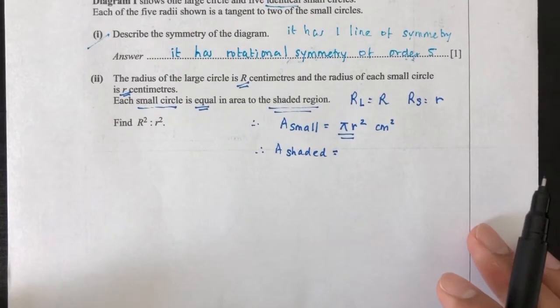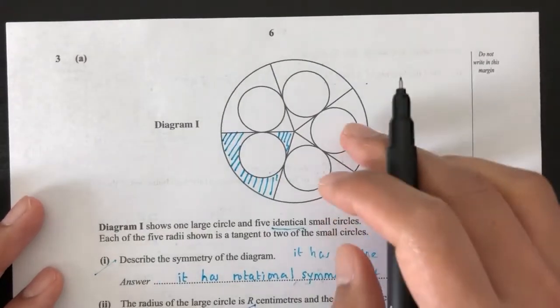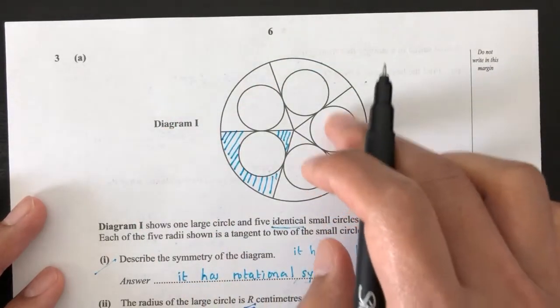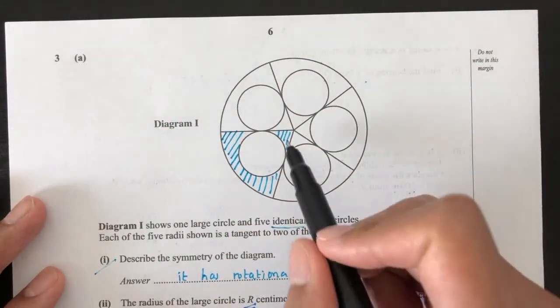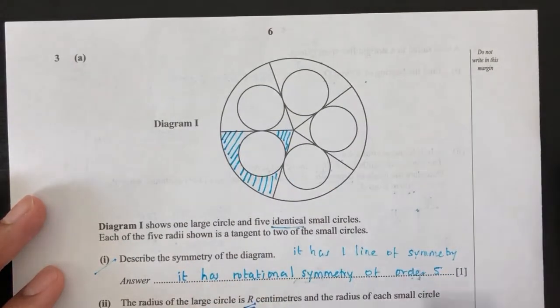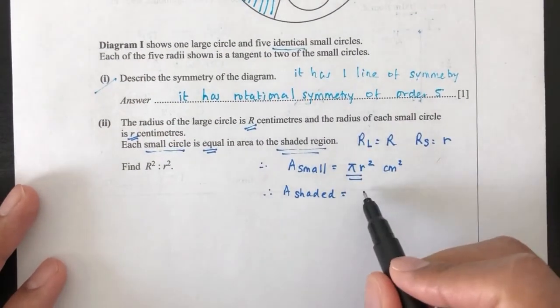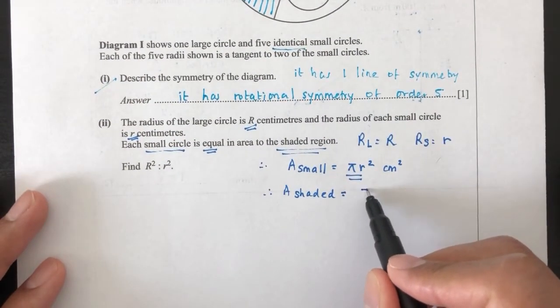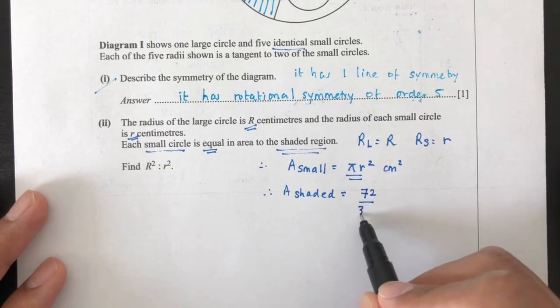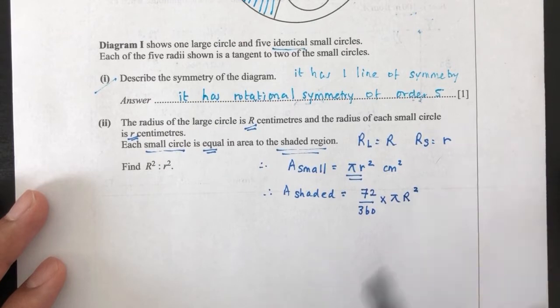So let's do that. How do you find the area of a sector? We have to find the angle. If this is a big circle and the shape is 5 of the same shapes, this one will be what angle? It will be 360 divided by 5. The angle inside here will be 72. So area of sector will be 72 over 360 times pi R squared for the big circle.